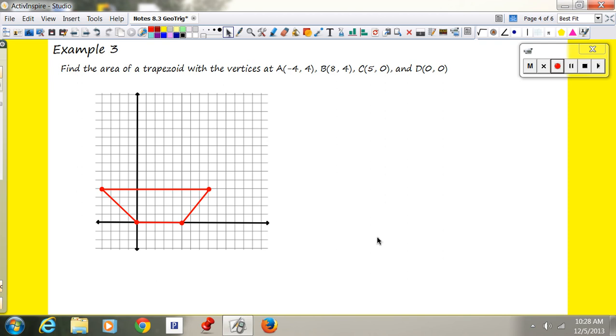All right, so you want to find the area of that trapezoid. Now, as you're drawing it, decide if you think it's an isosceles trapezoid or not. Isosceles trapezoids have 2 legs that are the same. The 2 bases are parallel, and the 2 legs are equal in an isosceles trapezoid.